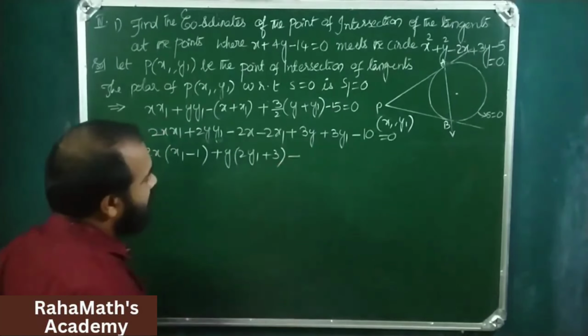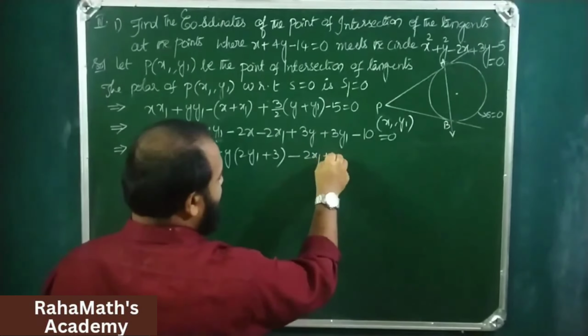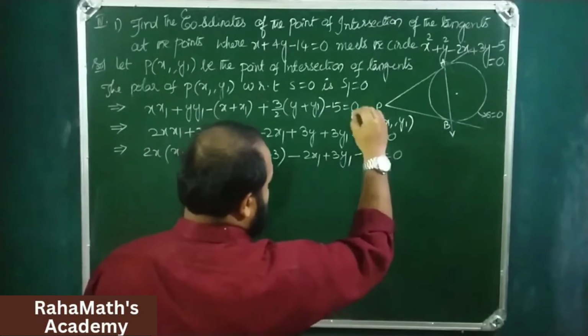So minus 2x1 plus 3y1 minus 10 equals 0.